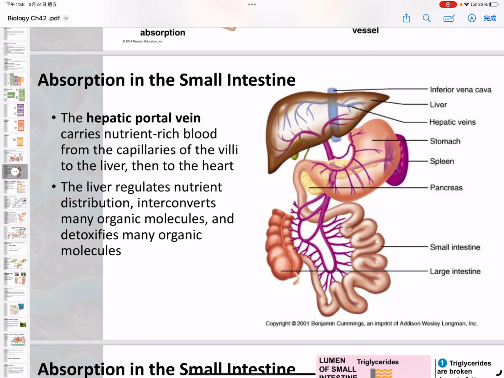And in the liver, it regulates nutrient distribution, and it can interconvert many organic molecules as our bodies need, and the liver can also detoxify many organic molecules. So it is very important that our bloodstream undergoes this detoxification and interconversion in the liver before the bloodstream goes into our heart and travels around our body.